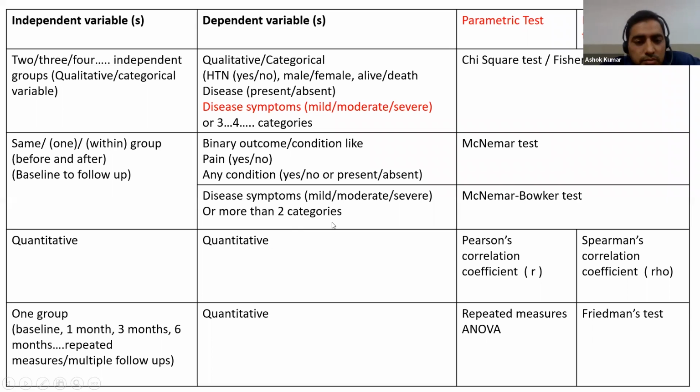So if there are more than two categories before and after treatment, then we have to use the McNemar-Bowker test. It automatically comes in the software, SPSS. Now we have already discussed two things. So next.